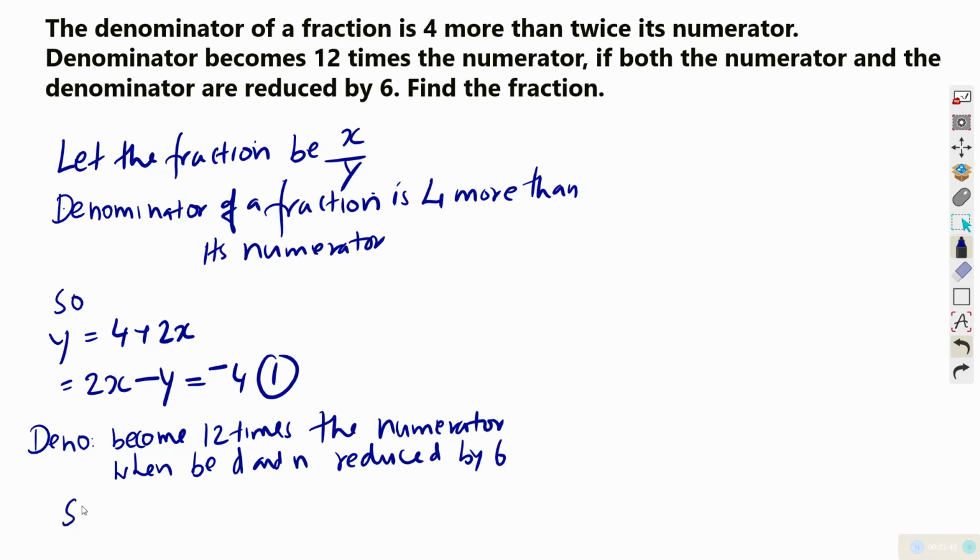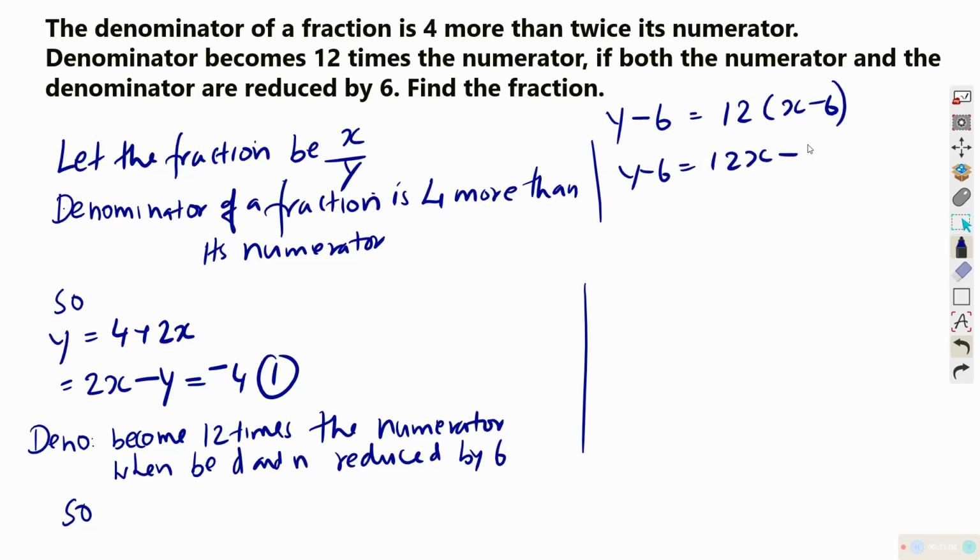That means we have to reduce it by 6. Denominator is reduced by 6, then numerator becomes 12 times reduced by 6. So this is the equation. They became equal in this situation.